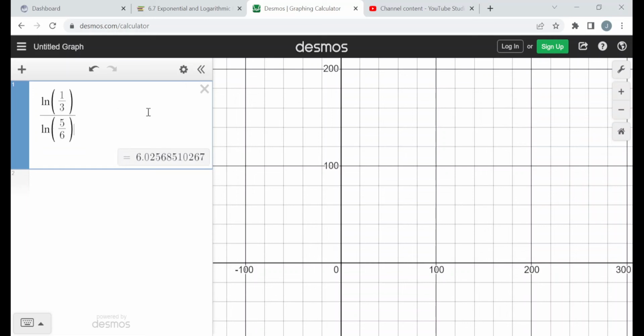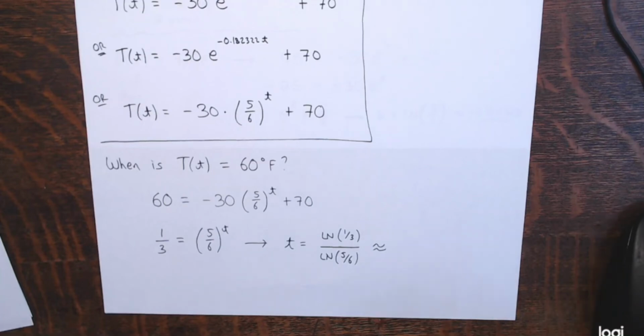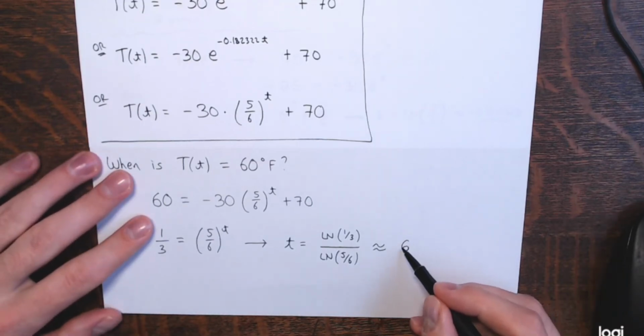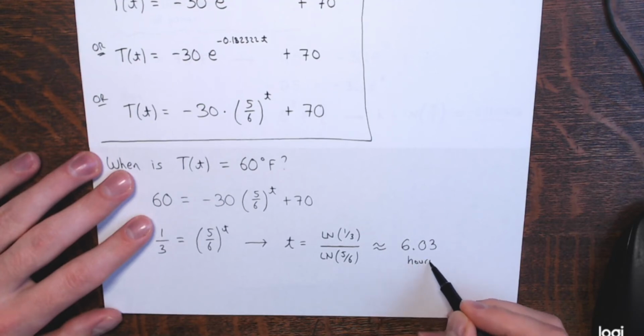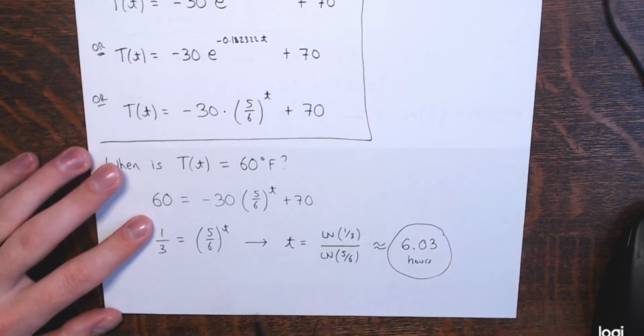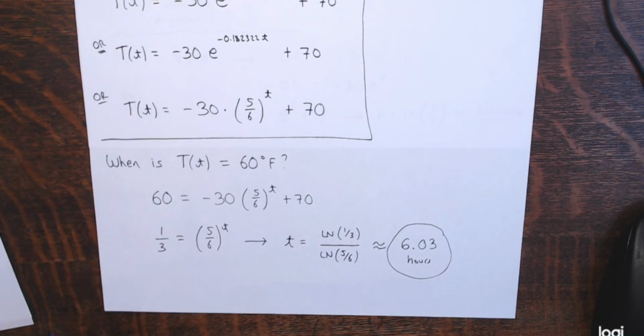Alright, so a little over 6 hours, 6.03 hours it would take. And remember, this is time, and time was given in hours here. So it would take around 6 hours for this pitcher of water to go from 40 degrees up to 60 degrees, while it's sitting in this 70-degree room.